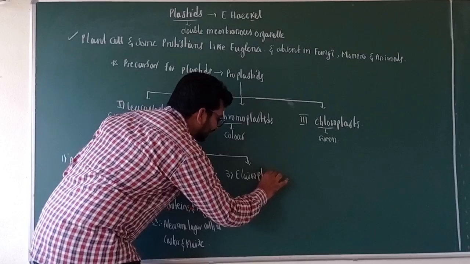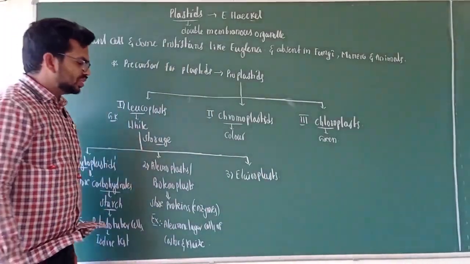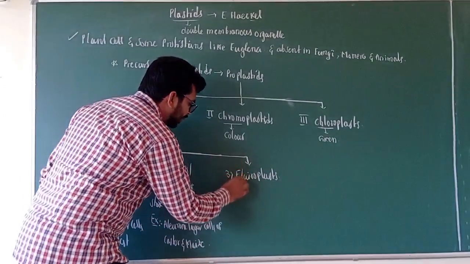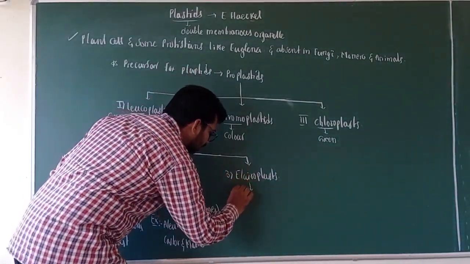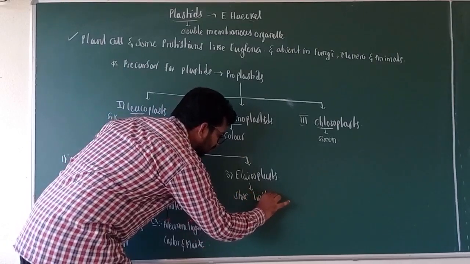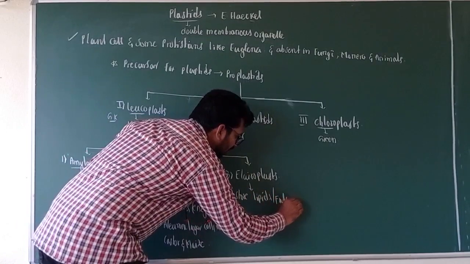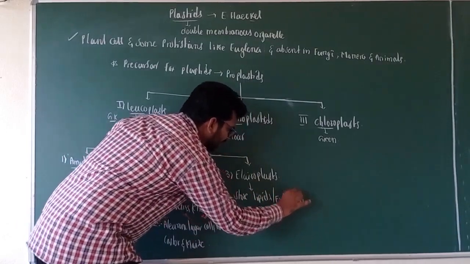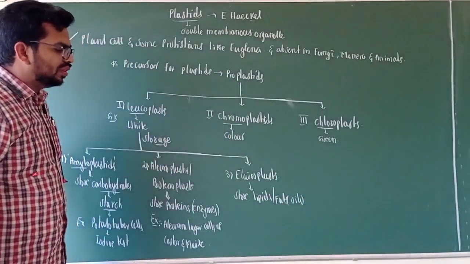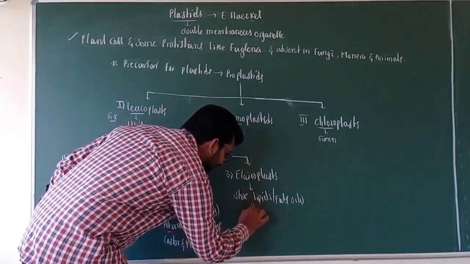Elaioplasts are the plastids which are going to store exclusively what, children? Such as lipids or oils. Store lipids or fats, together we call it as what, oils. And these are going to be exclusively present in where, children?